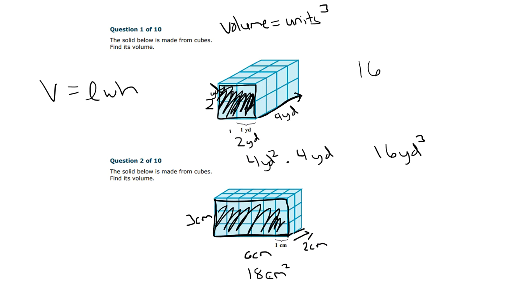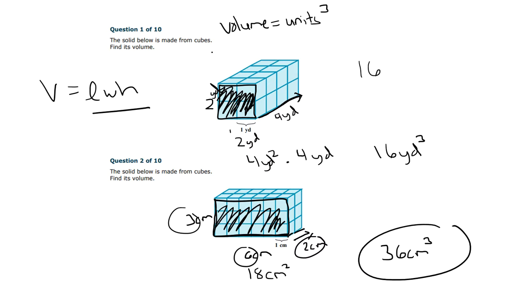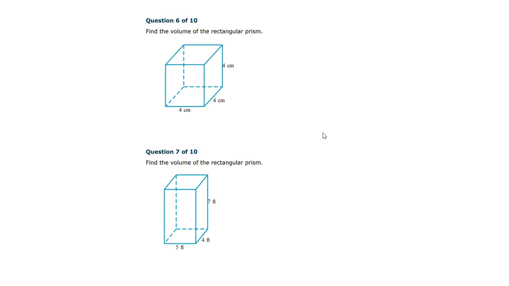Okay, so when we multiply 18 centimeters squared by 2 centimeters, we get 36 centimeters cubed. Okay, and basically if we do 3 times 6 times 2, which is our length times width times height, that gives us our volume.